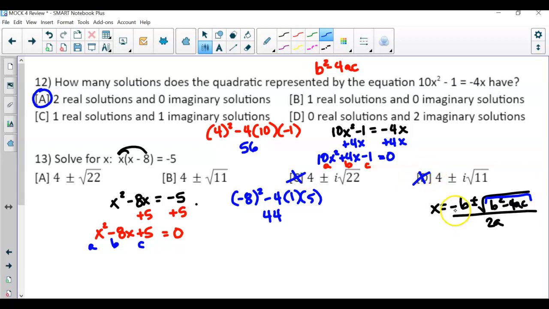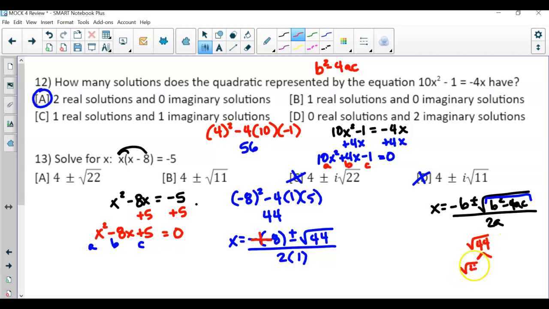Now I'm going to continue with my negative b here. So x is equal to negative b, which is negative 8, plus or minus the square root of the discriminant, which is 44, over 2 times a, which is 1. Now here I notice two negatives making a positive, so now I'm at positive 8. However, the square root of 44, well, I can break that down to the square root of 4 times the square root of 11.